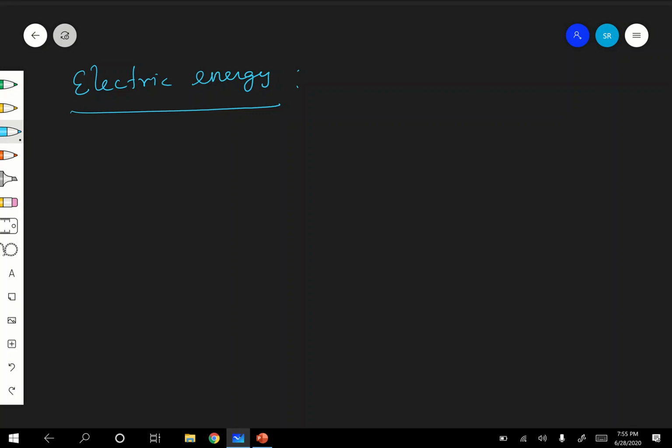By the source means what? Source of EMF, battery. By the source for what? In maintaining the current in the circuit for a given time is called the electric energy that is consumed in the circuit. Are you following?